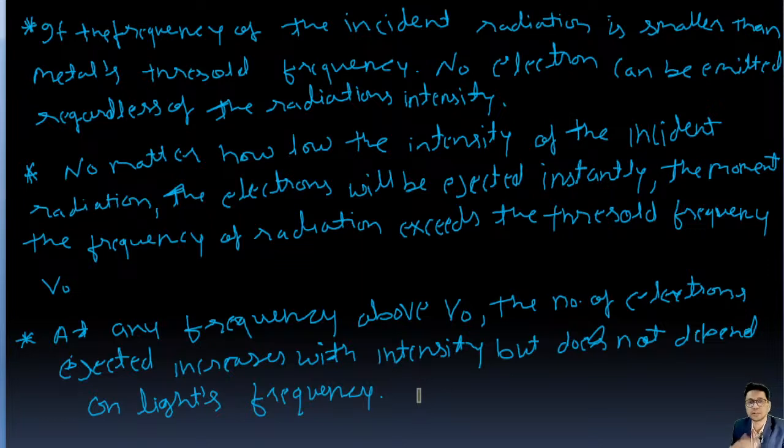So it means if the frequency of incident radiation is above the threshold frequency, and we increase the intensity of light, the number of electrons ejected will also increase. That's what this point is about.